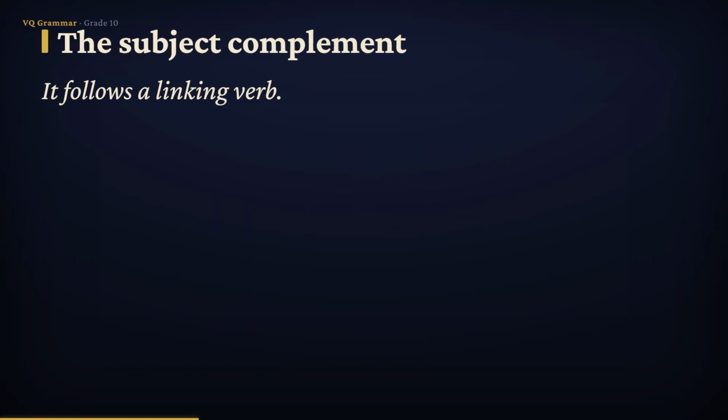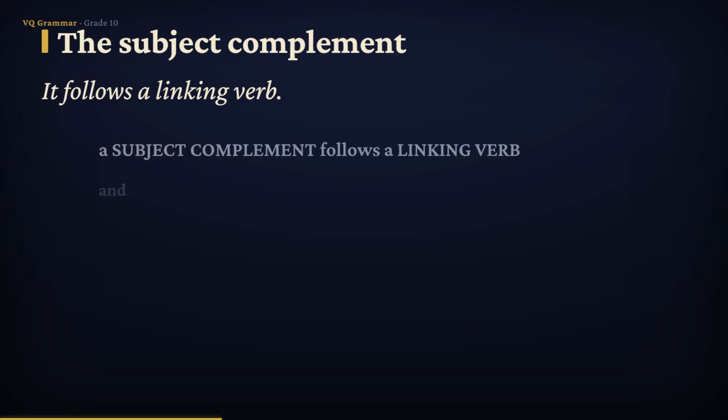Now for the other one, the subject complement. Remember linking verbs back in Lesson 6? Verbs like is, are, was, seem, look, feel, become. They don't act on anything, they simply link. So here's the rule. A subject complement follows a linking verb, and it renames or describes the subject. There are two kinds.